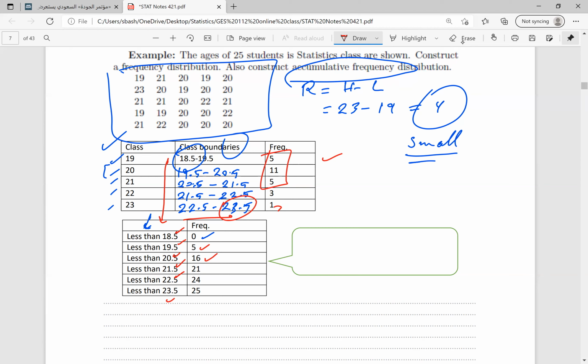Next one, less than 22.5. Add one more, add 3. So it's 21 plus 3, which is equal to 24. Less than 23.5 is equal to 25. So this will be the last one, the total number of the students. It is 25.